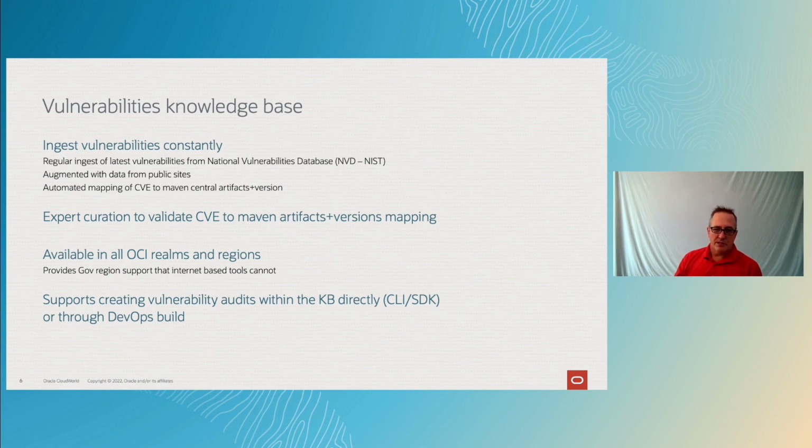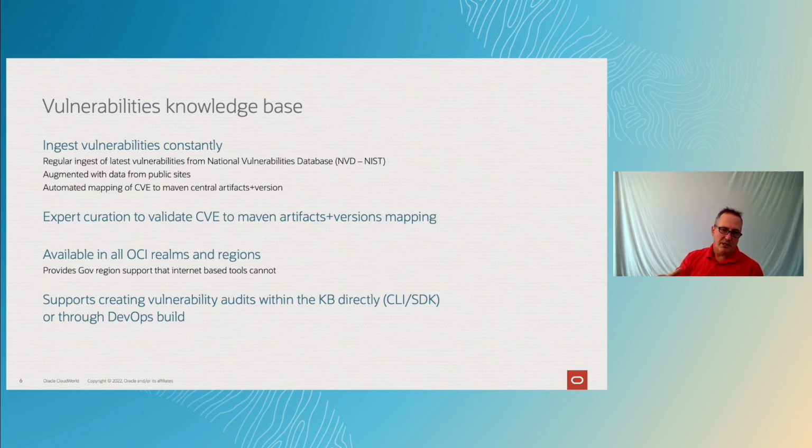Now, once we have this knowledge base and we ingest this data on a regular pace every couple of hours and curate it as fast as we can, we then give you the capability of generating what we call a vulnerability audit. Now, a vulnerability audit is basically a report of the vulnerabilities your application is exposed to.